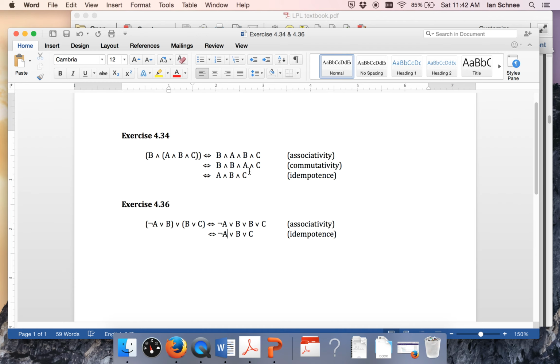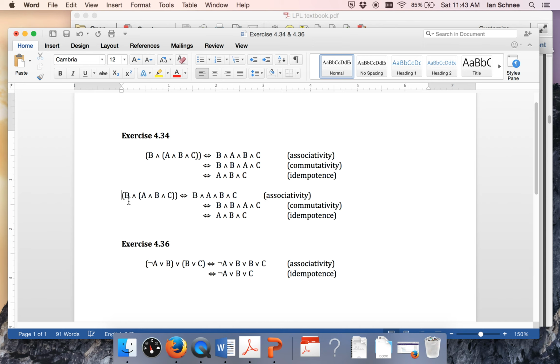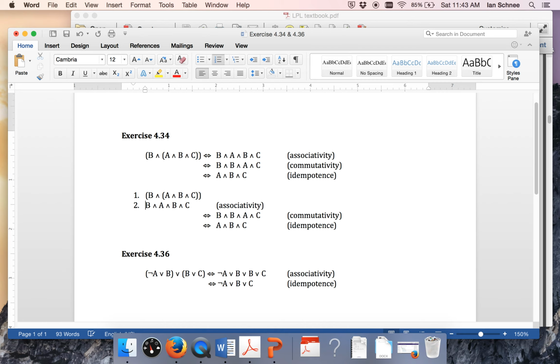So you're going to end up with a chain of equivalences like these examples for your answer, giving the justifications over here. It's also legitimate, let me say this, you could just number these if you want. So there's another formulation of these that's a perfectly legitimate way to present your answer. Let me just give you that quickly. So we might just number the original sentence like that, and then every one of these next lines is going to be another individually numbered sentence.